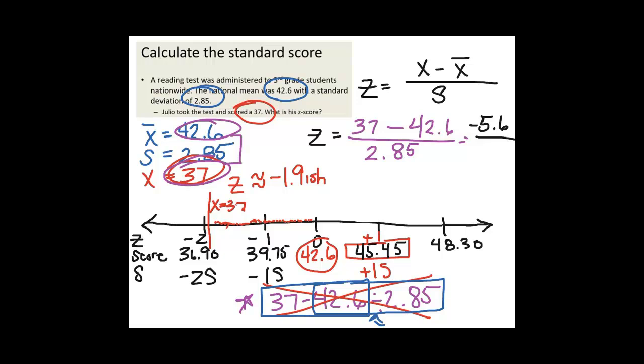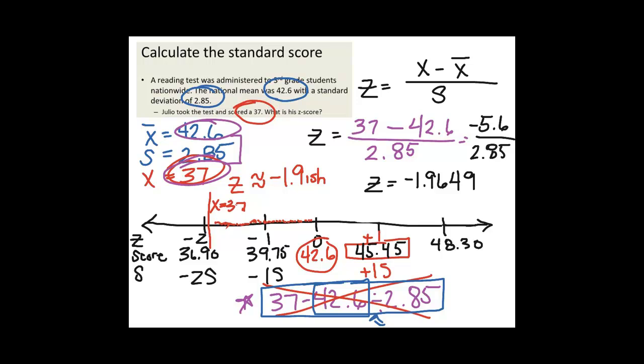Write that number down, and then divide in a second step. So -5.6 divided by 2.85 gives me a z of -1.9649 something something something. Okay, now this looks promising because it's agreeing with my estimate of -1.9-ish. Negative makes sense because I know it's below the mean.